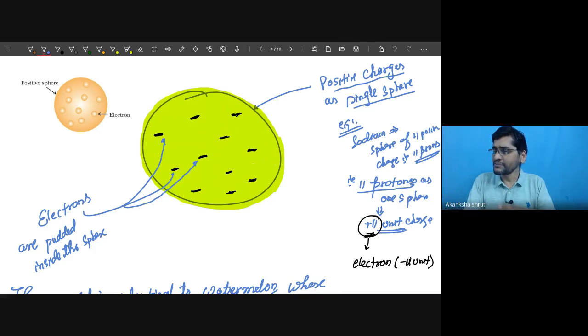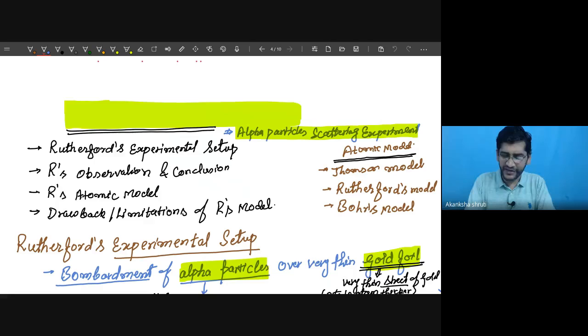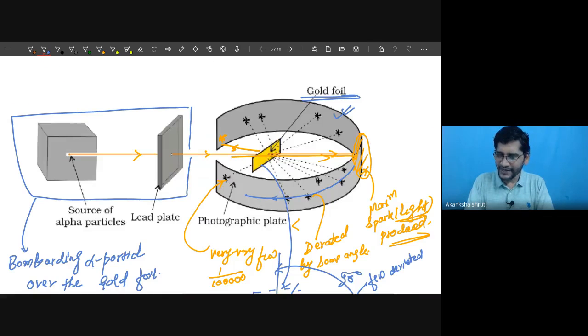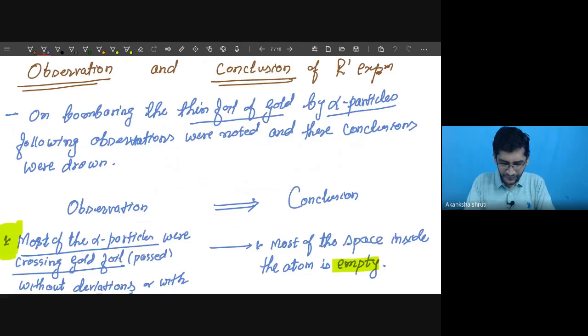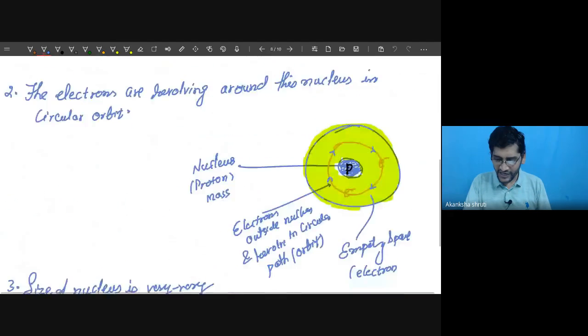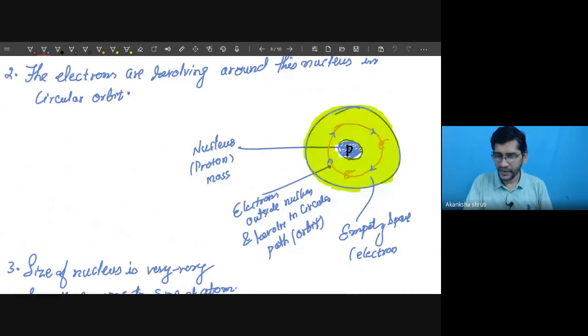So that's why another model was given by Rutherford based on the alpha particle scattering experiment. Based on this experiment, Rutherford gave the model that proton is present at the center, but electron is revolving around the center.